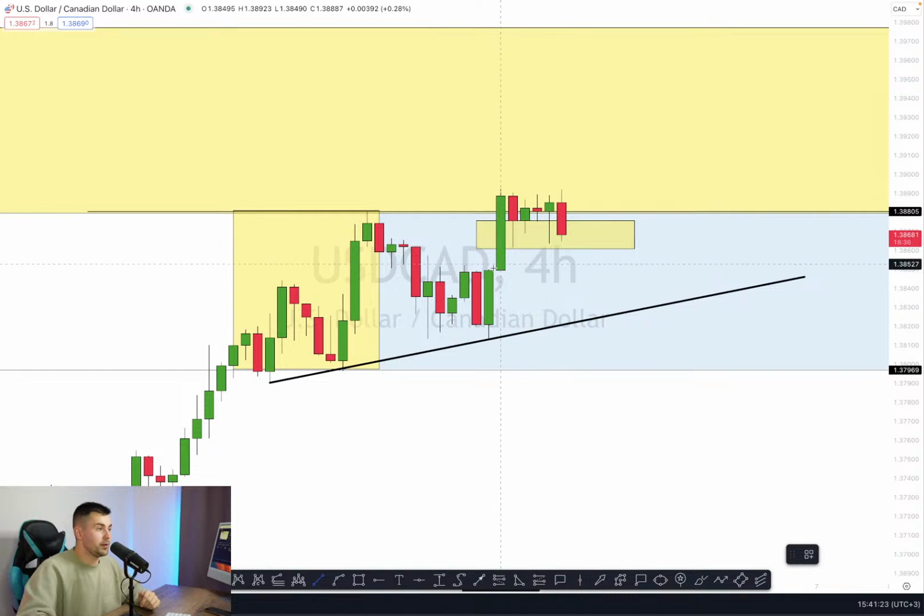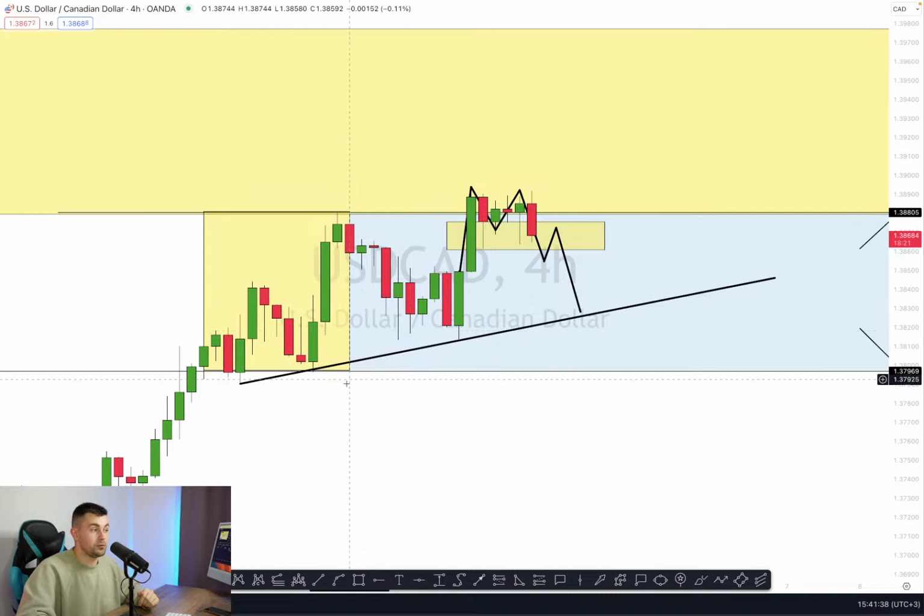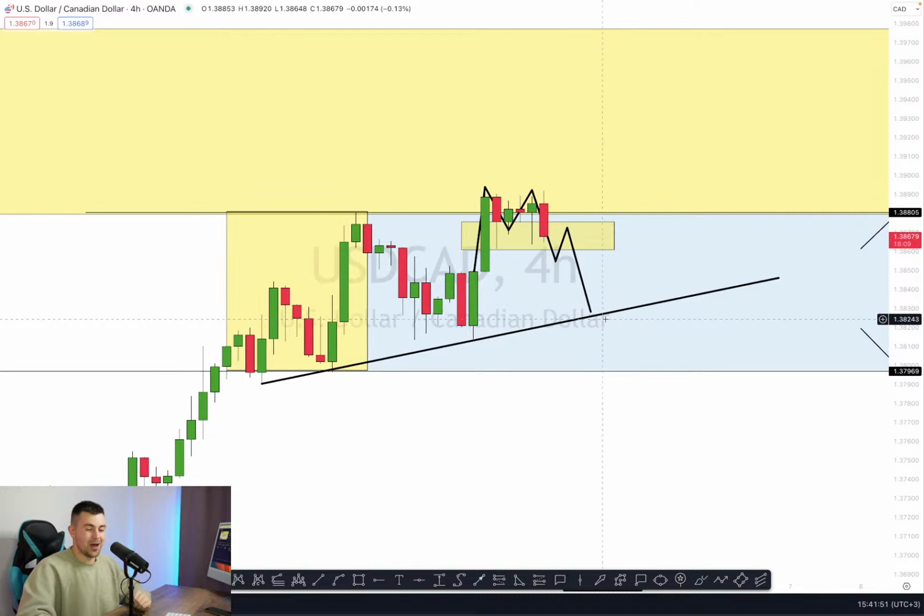So from the intraday perspective, I would say that a bearish breakout of the neckline of the pattern can give you a local bearish signal that will push the prices to that rising trend line. Yes, so if you're looking for intraday short, that violation, the breakout of a neckline, can give you a nice bearish signal that will push the prices at least to that rising trend line. Yeah, that is my outlook for dollar CAD here.